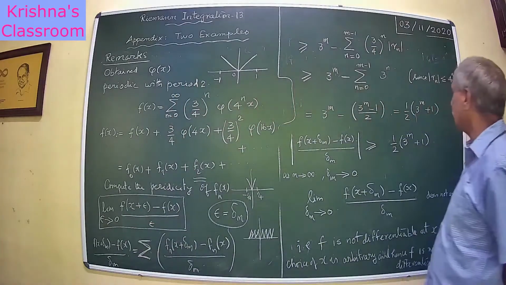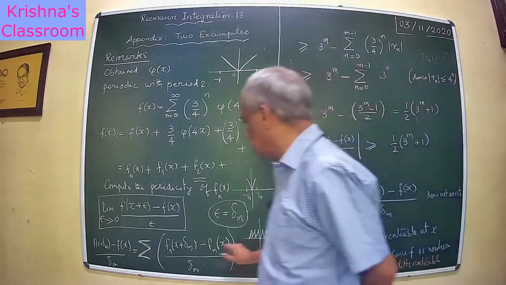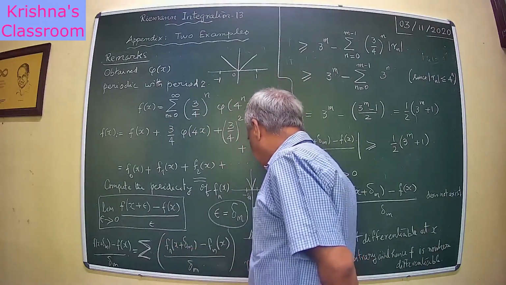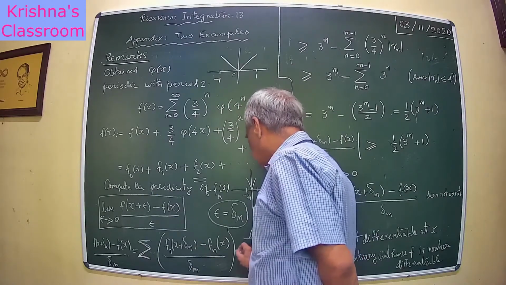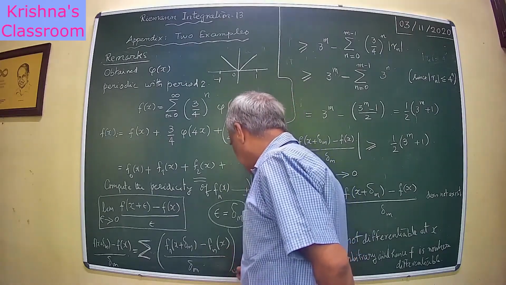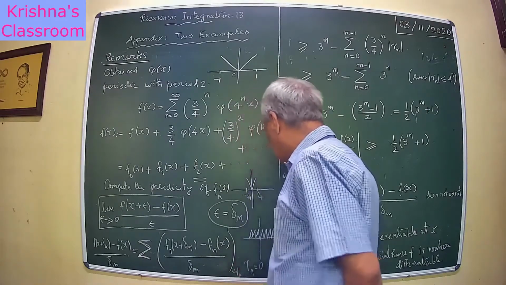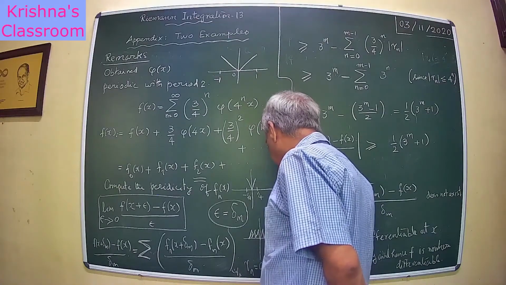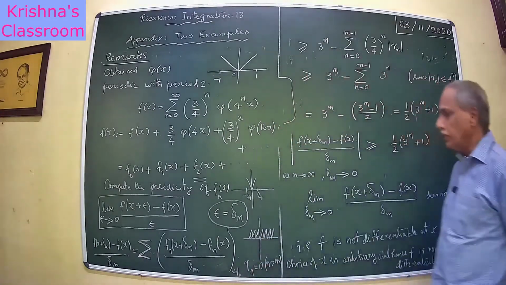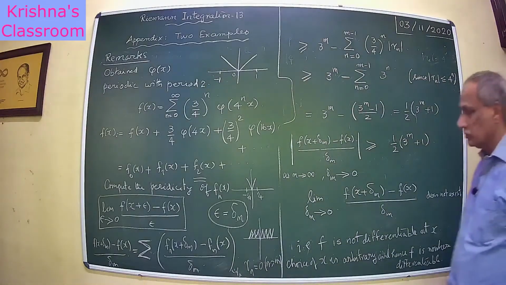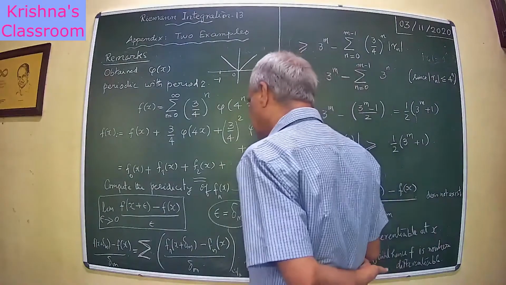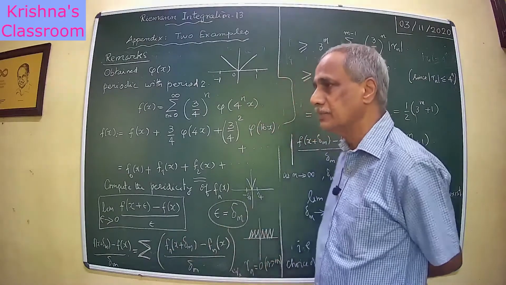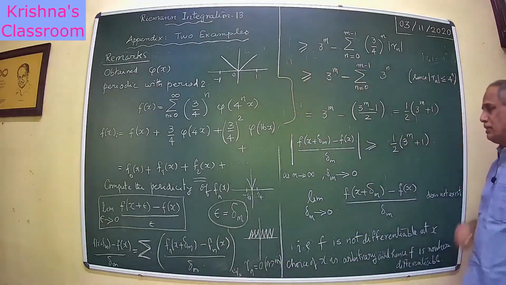And that's what you have proved: this gamma n is equal to 0 for n greater than m. That is, using periodicity, you see that the later terms vanish. So what is the consequence? The consequence is that this infinite series will become a finite sum, and now it is easy to estimate it.